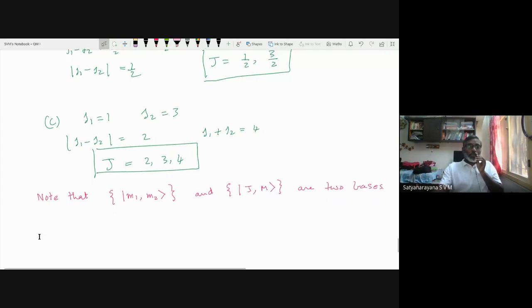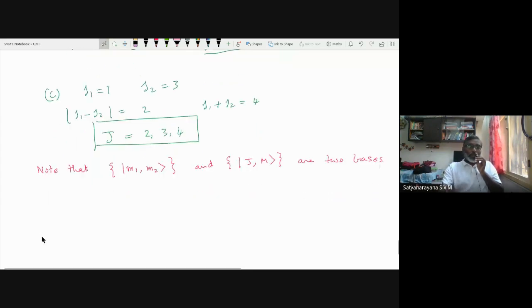But we can ask a question. Can I represent one element of the second basis in terms of the first basis? Okay, so it must be possible.